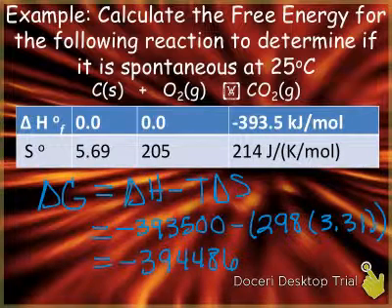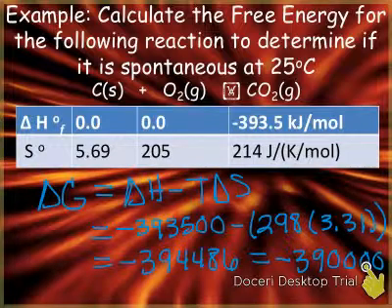negative 394,486. Significant figures, anyone? Yes. Why 2? We were given 25 degrees Celsius in the problem, so we actually have significant figures to pay attention to this time around. So how would I round this? Negative 3, 9, 1, 2, 3, 4. Or you could round it up to 40,000, but that is one significant figure, so that creates a whole other series of problems. Or we could do negative 4.0 times 10 to the 4th.